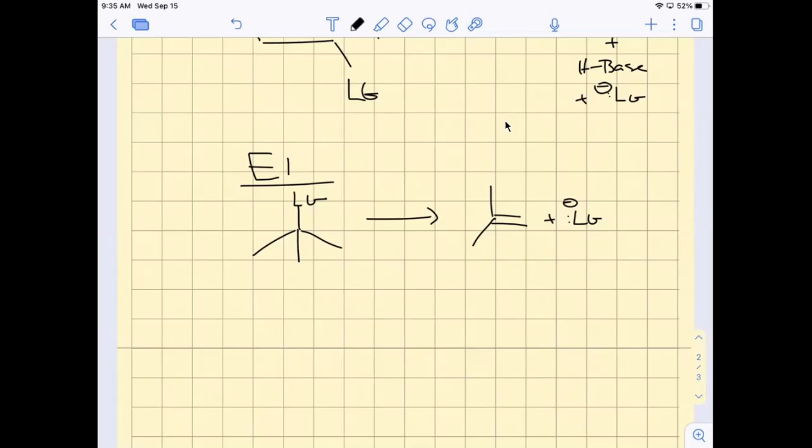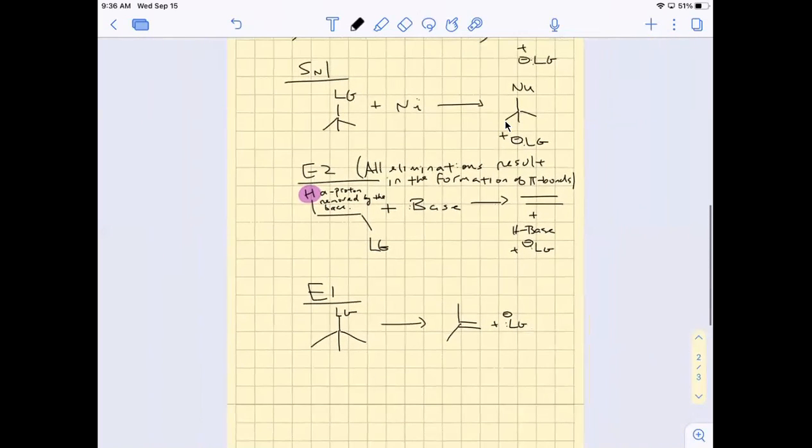Sometimes you'll have a competition between the leaving group acting as the base or the solvent. If the solvent is involved in any way, the conjugate base of the solvent acts as the base. So we're going to talk about that. With elimination, the result of that process is a pi bond in your product.